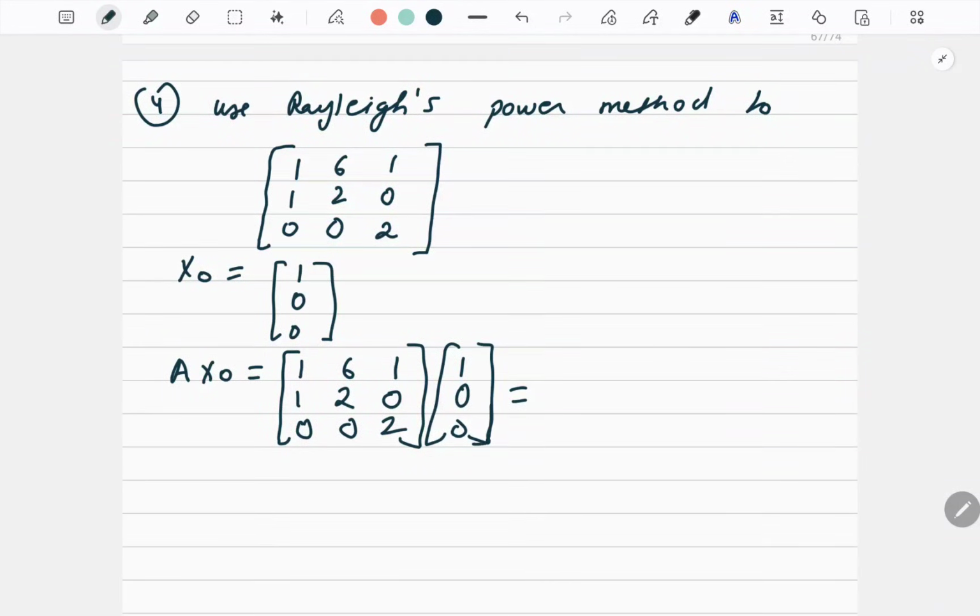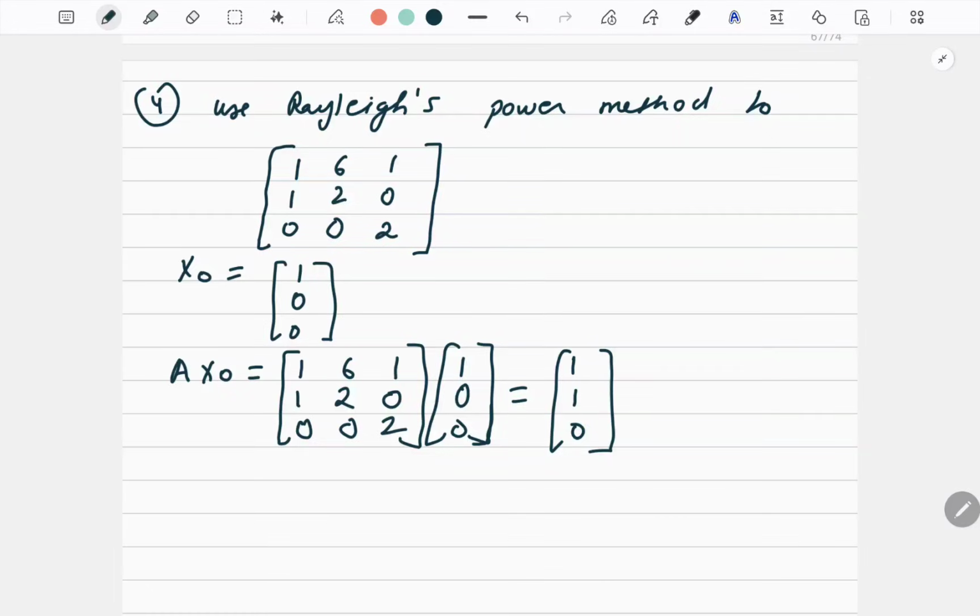I will suggest all of you to use a calculator for this multiplication. Yes, it is a single column, you can do it easily, but when fractions come, you will make mistakes, and I don't want you to make mistakes. So use a calculator, put in one 3 cross 3 matrix and one 3 cross 1 matrix and multiply. You will get 1, 1, 0.